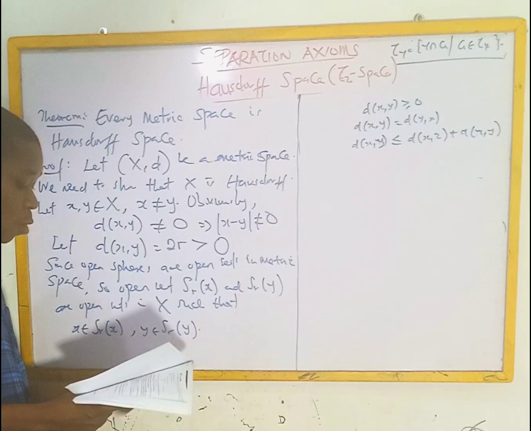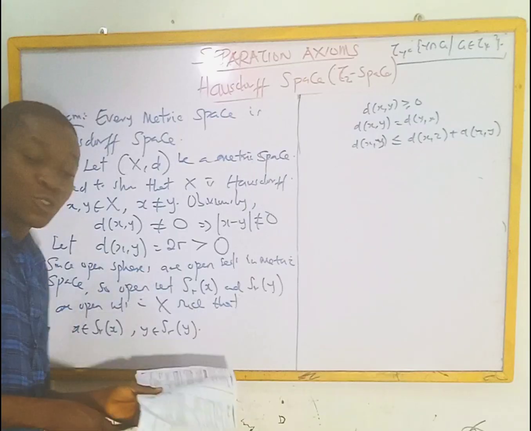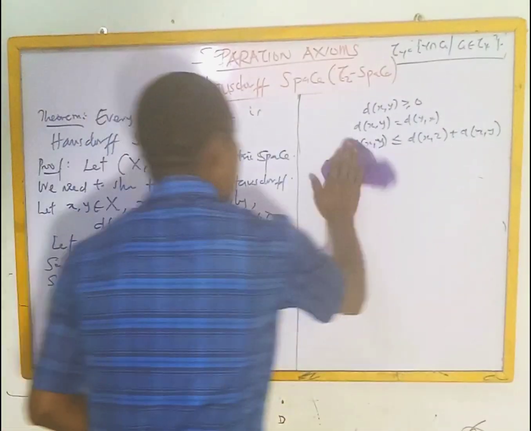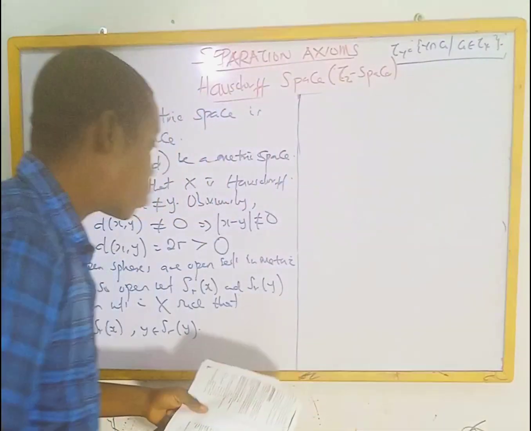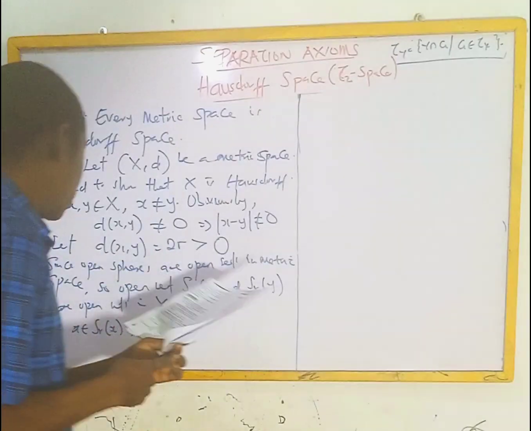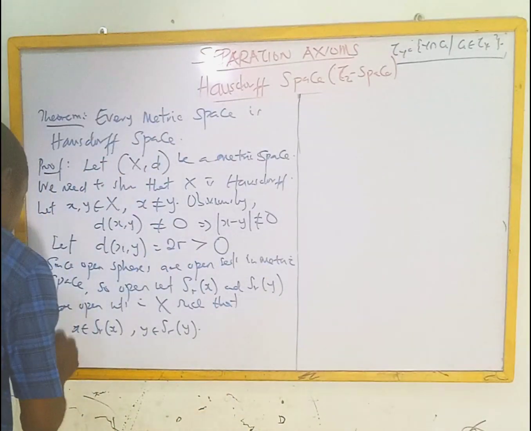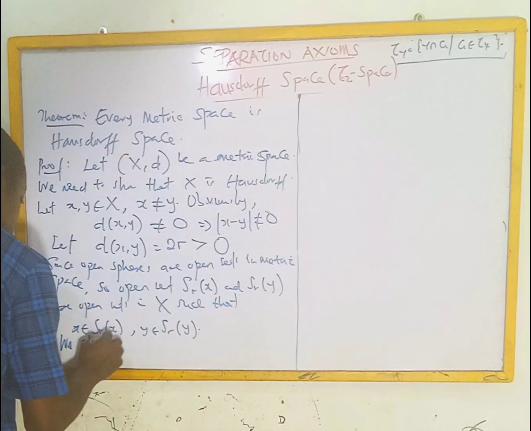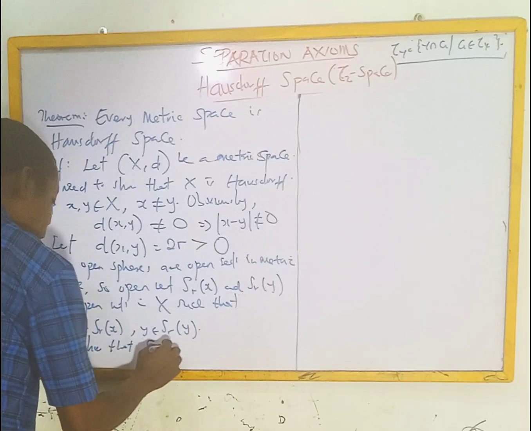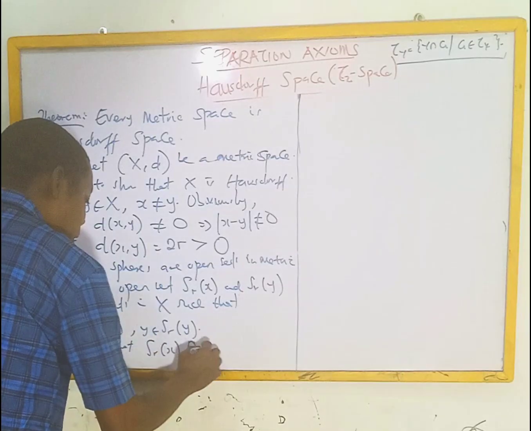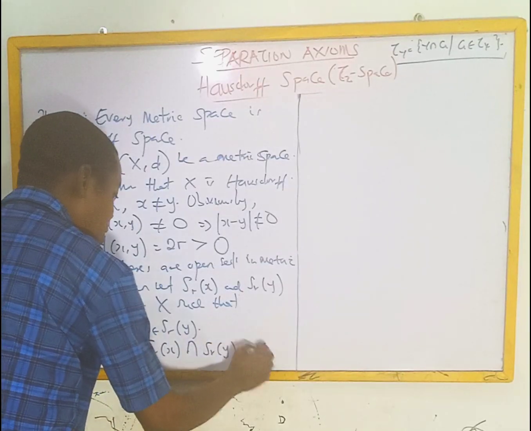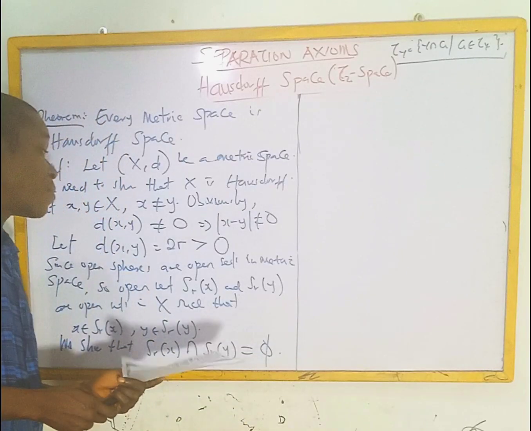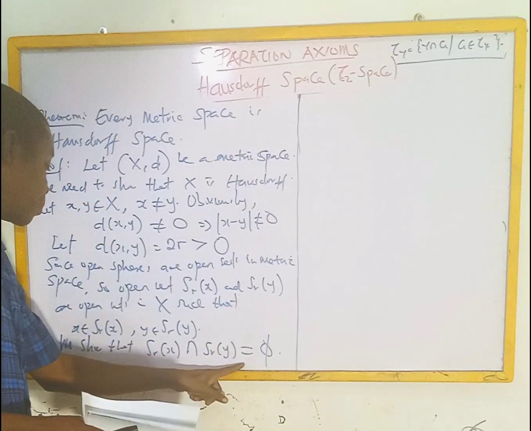So now we want to show that the intersection of the ball around x and the ball around y is an empty set.